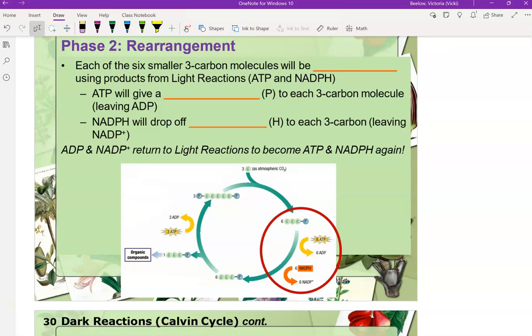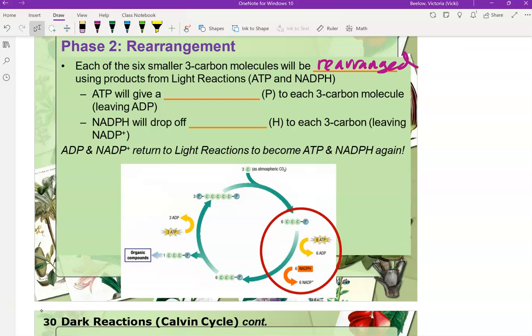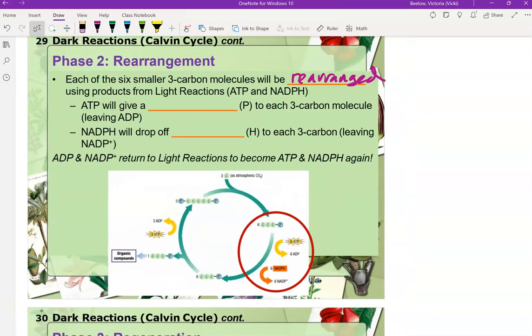So now we're going to do a couple things to this molecule that we just made. And so it will be rearranged using ATP and NADPH. Sometimes you also might see this called reduction or oxidation, but because we're not really getting into that depth of chemistry, we're just going to say these things are rearranged.